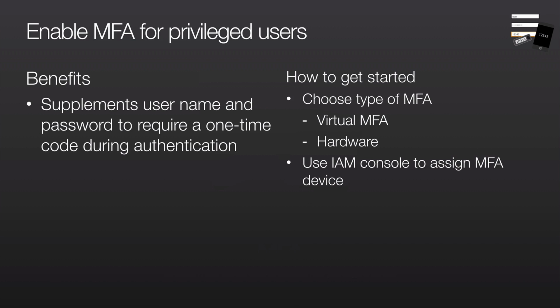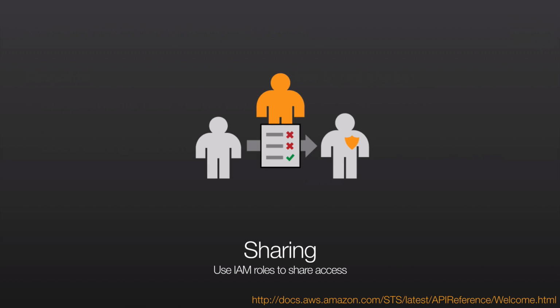And you can use the IAM console to assign that MFA device, and it makes the setup process extremely simple. So this will supplement username and password with a one-time code during authentication at the console, and can optionally be required for API actions, as we showed you earlier. Really would recommend making use of MFA for users on your account. Very simple to set up and very low cost.